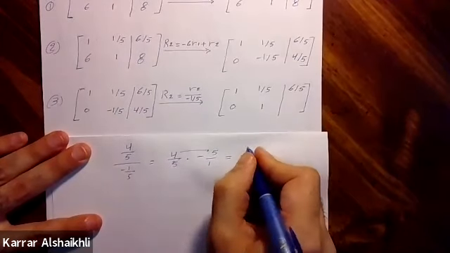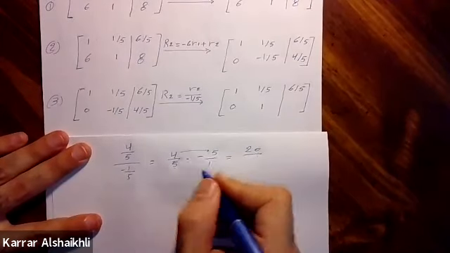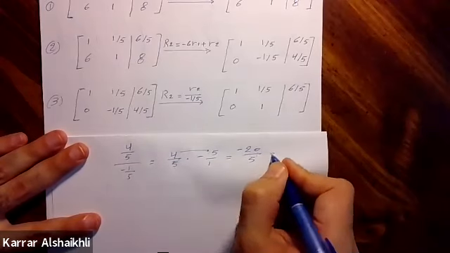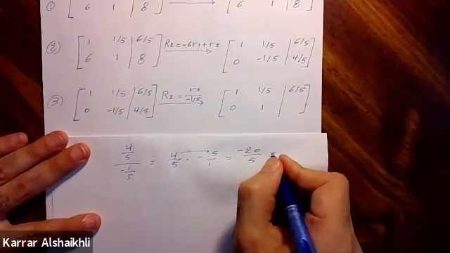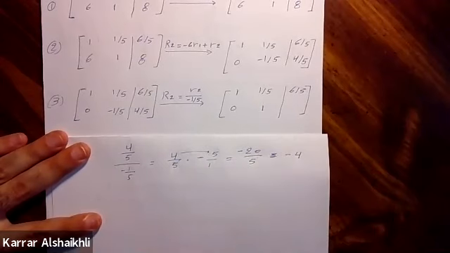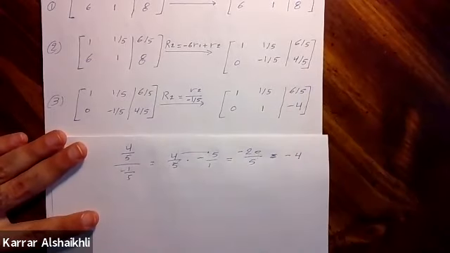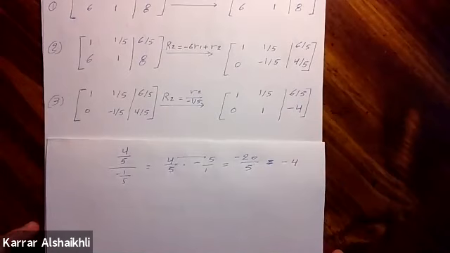Negative 4 times 5 is negative 20. 5 times 1 is going to be 5. And negative 20 divided by 5 is going to be negative 4. That means the result here is negative 4. We're done with step 3.